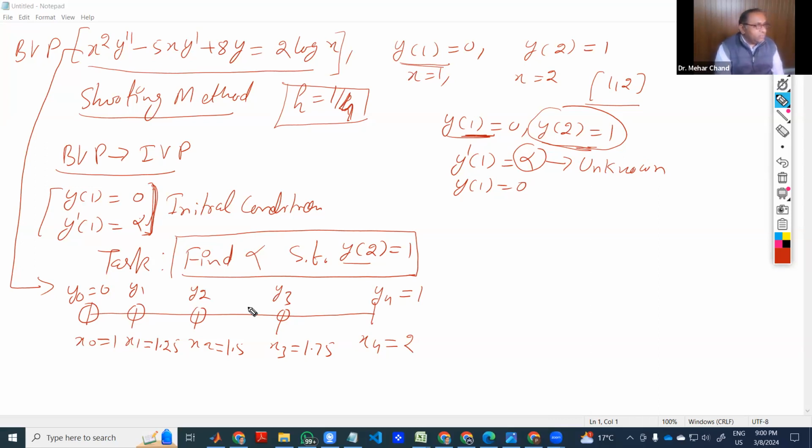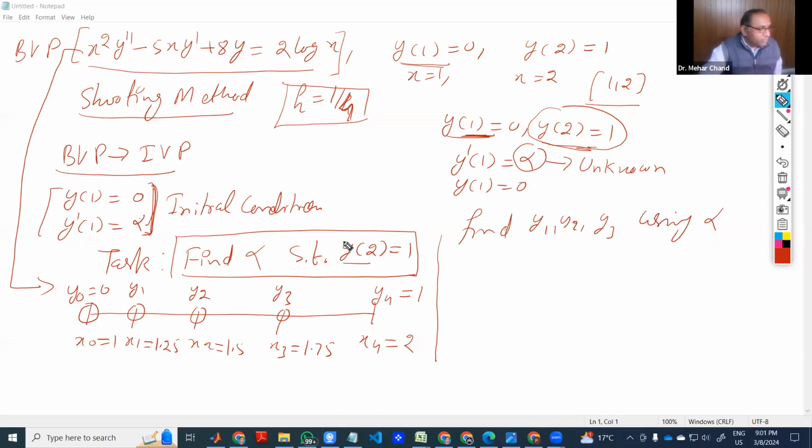Hence we will use these values and the value of alpha to find y1, y2, and y3 using alpha.